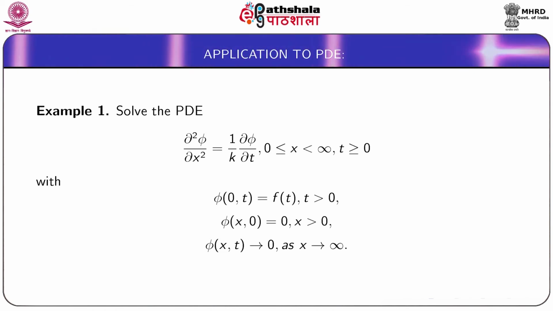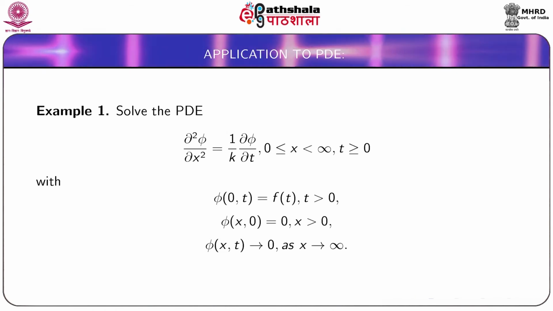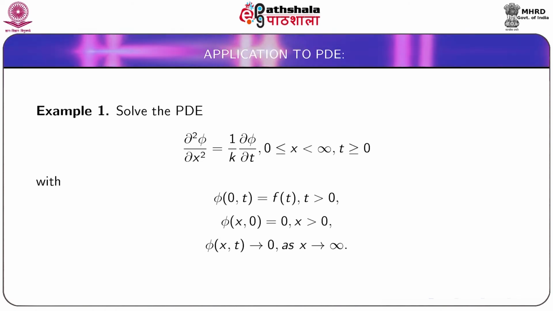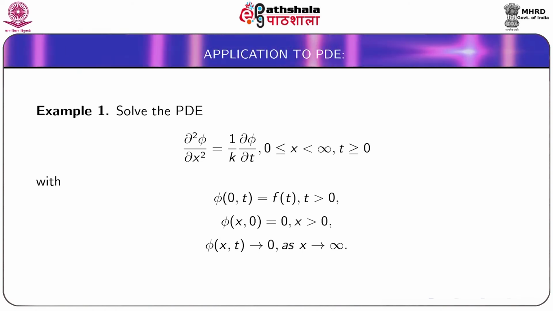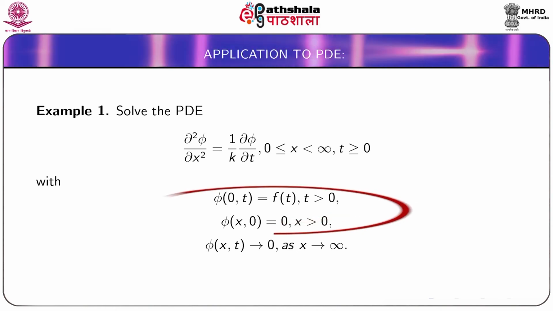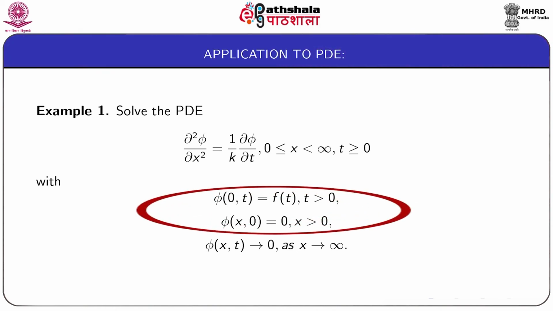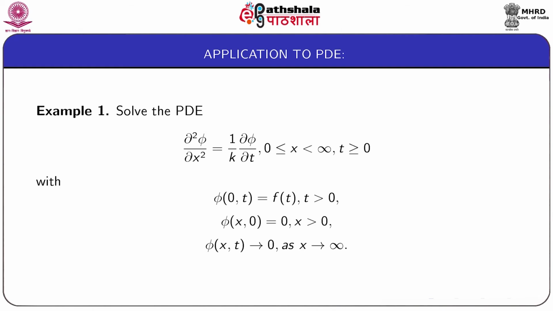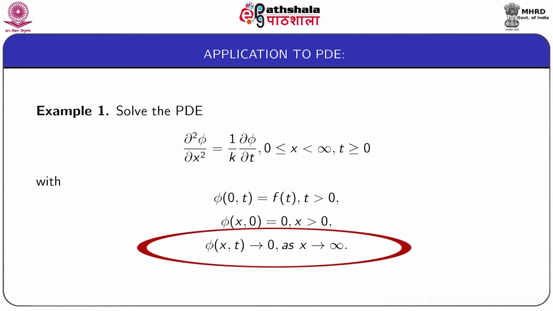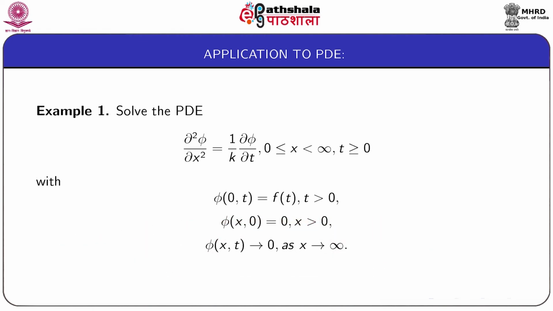Here k is a constant and φ is a function of x and t, with the condition that φ at x = 0 is f(t) for t > 0, where f(t) is a known function, and φ at t = 0 is 0 for x positive, and φ(x,t) tends to 0 as x tends to infinity. We have to solve this partial differential equation along with the initial and boundary conditions.